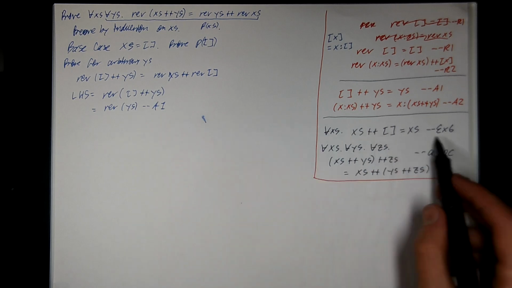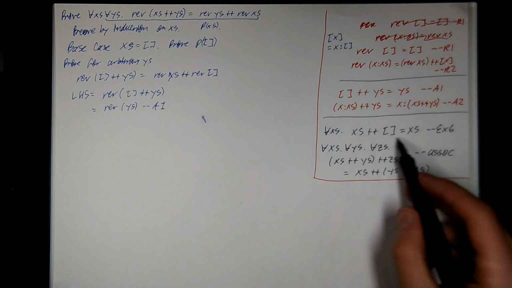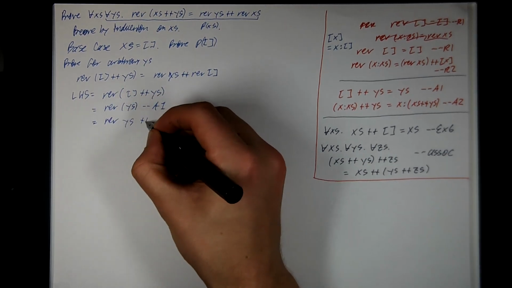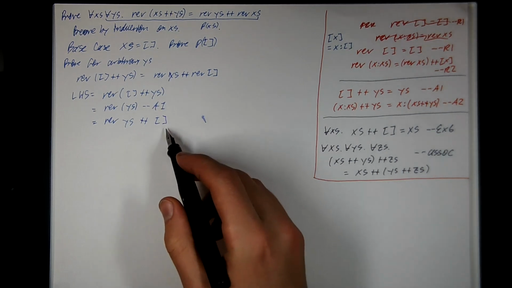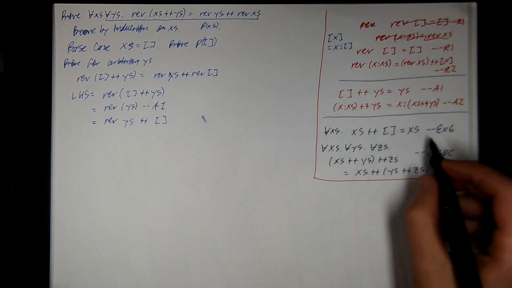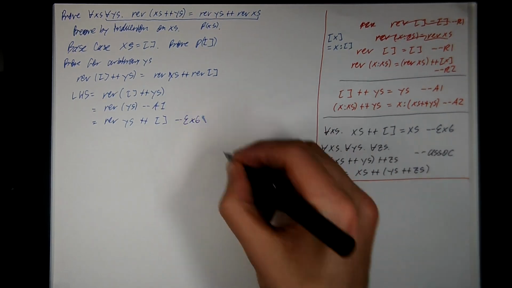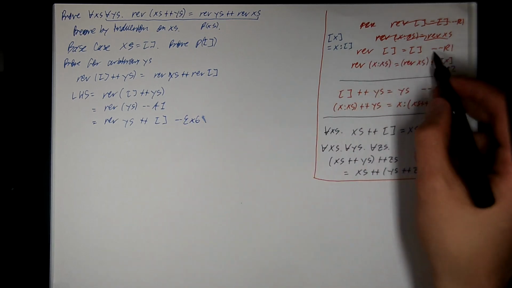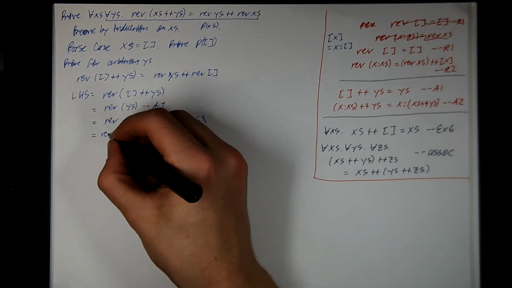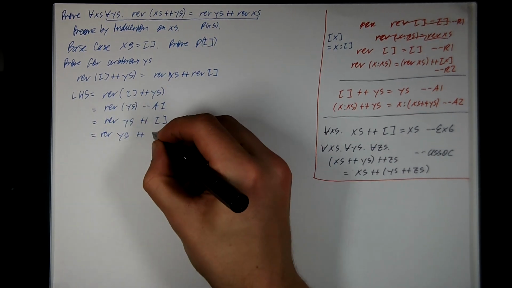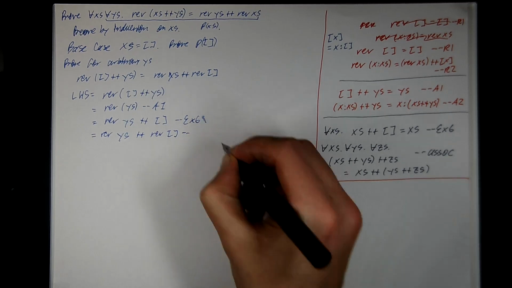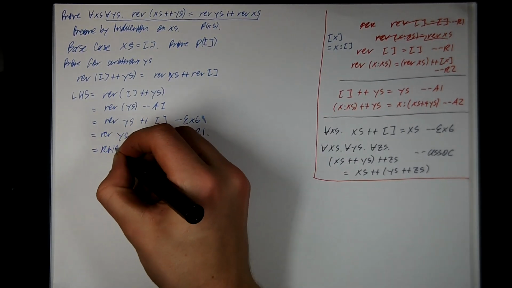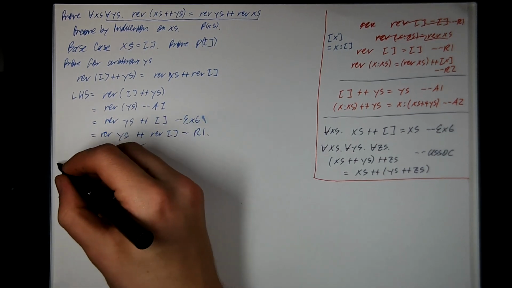Here I can invoke the problem from exercise 6: I can replace this rev ys concat empty, because if I concat the empty list on the right hand side it doesn't change anything. And the empty list is the same as rev of empty, so I can use rule R1 backwards. So this is rev of ys concat rev of empty by R1, which is the right hand side. Okay, so it's proven for the base case.